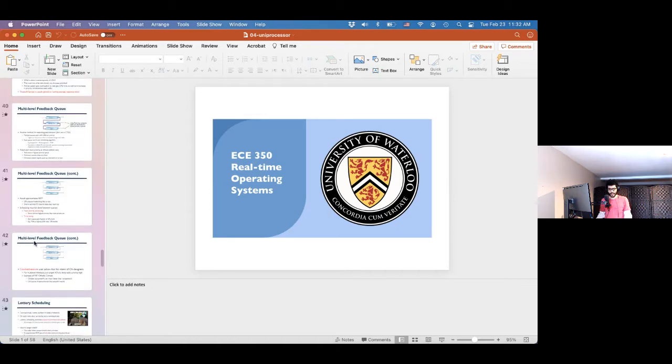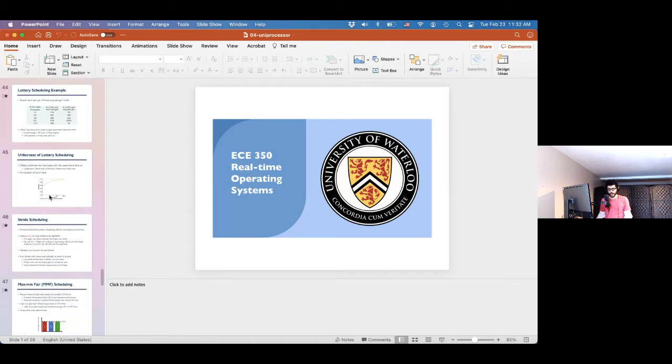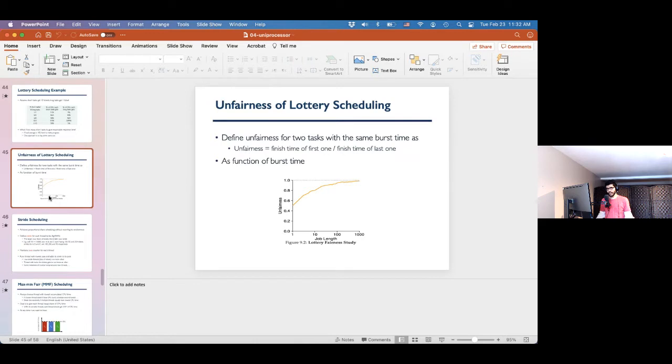The last thing we said was that lottery scheduling is fair on average, but in short windows, because everything is random, you could see the high variance of this random process. And with high variance, in short windows you probably don't satisfy fairness constraints. Now, let's see how we can address that.